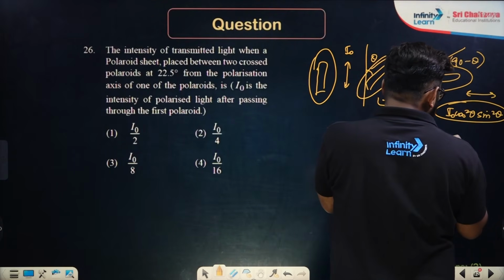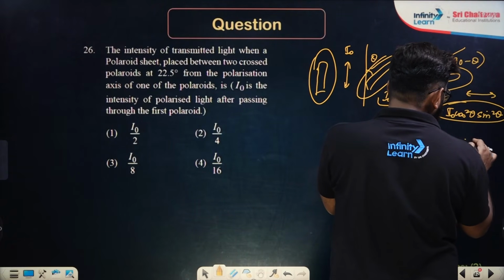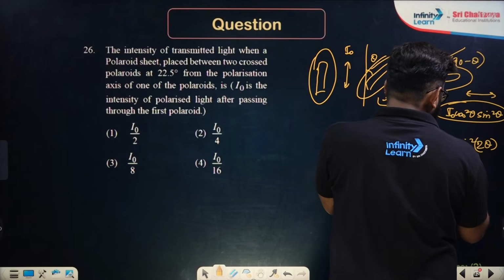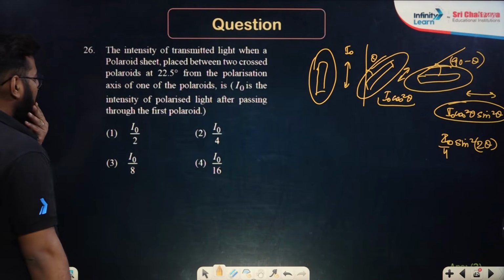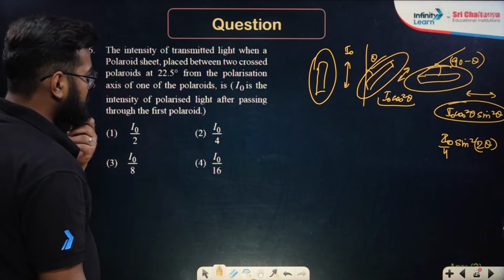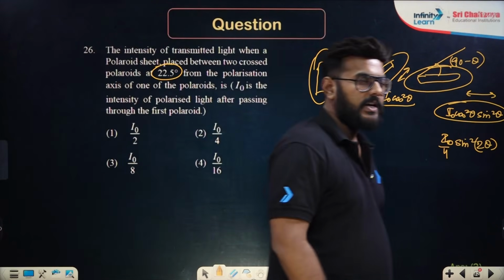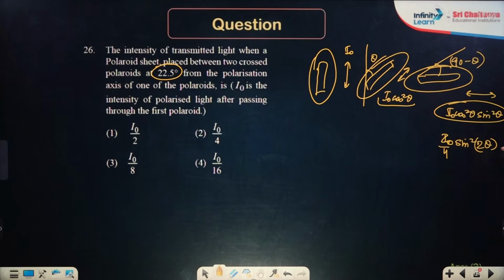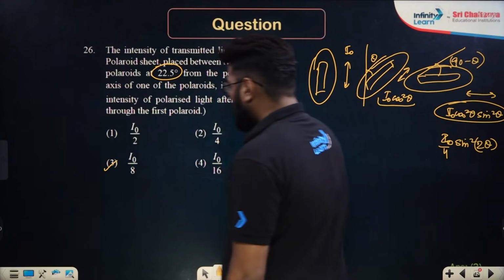Divide by 4, multiply by 4, you will get I naught by 4 into (sin 2 theta) whole square, that means sin square 2 theta, correct? Because 2 sin theta cos theta is that. Now they want to find out the intensity. 2 theta, 22.5 is given, that means 2 theta is 45. Sin 45 is 1 by root 2, whole square of that is 1 by 2. 1 by 2 into I naught by 4 will be option number 3, I naught by 8.